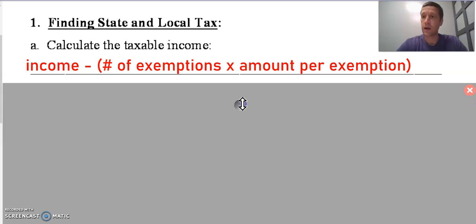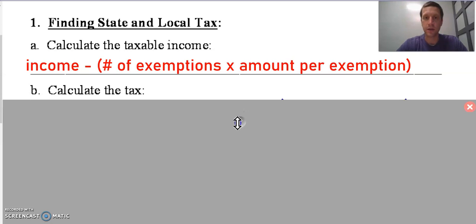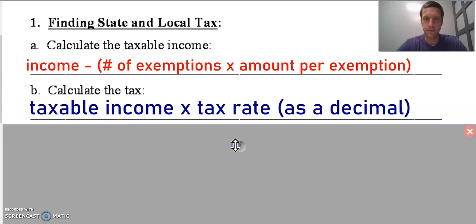Or you can just plug that in your calculator as is if you have a graphing calculator that can do parentheses. So once we get our taxable income, that's the portion of the income that gets taxed, you want to calculate what your tax is. So that taxable income from step A times your tax rate, and of course that tax rate, if it's given as a percentage, needs to be switched to a decimal.